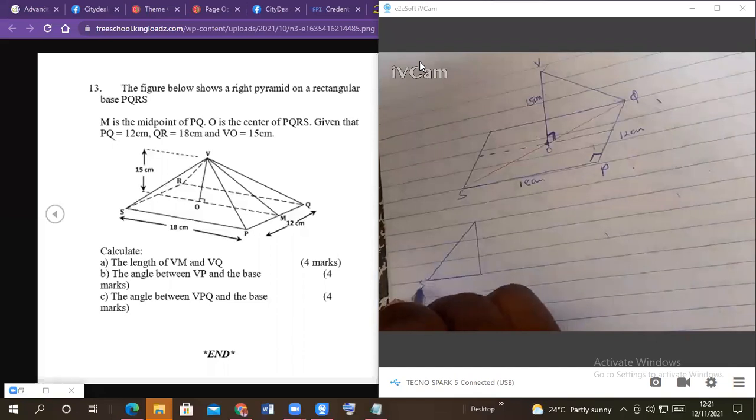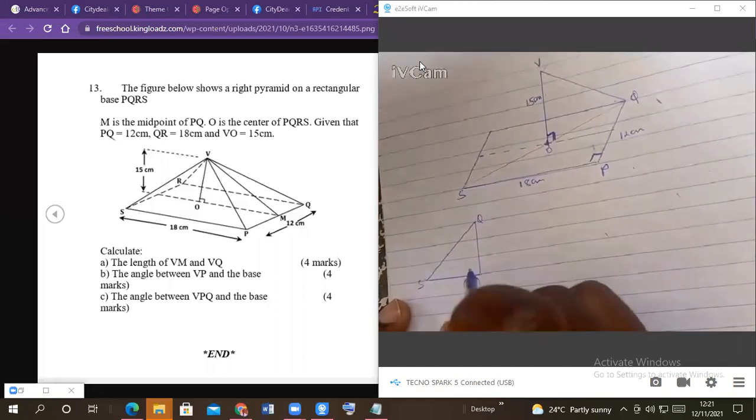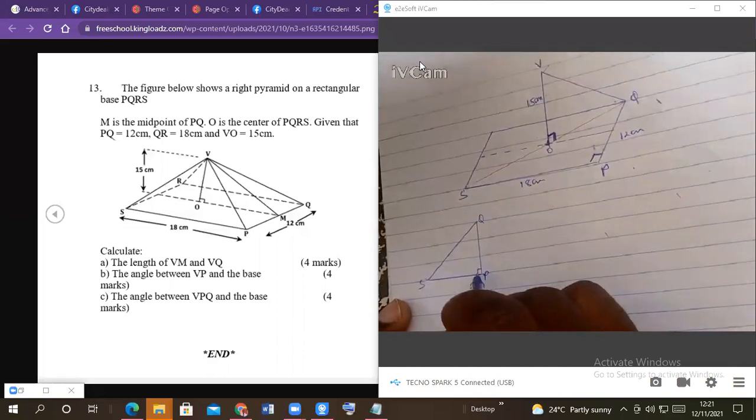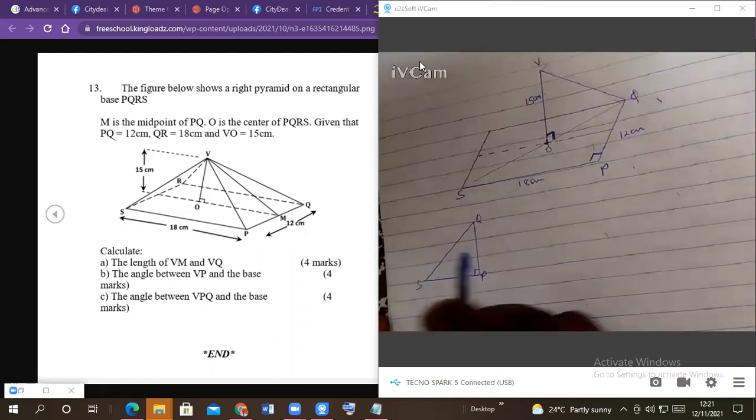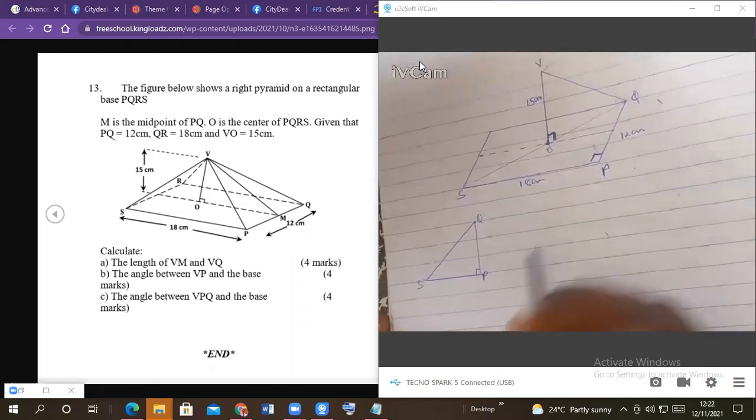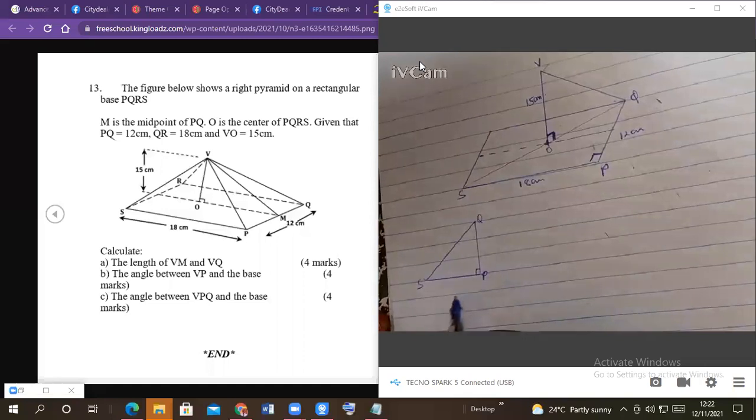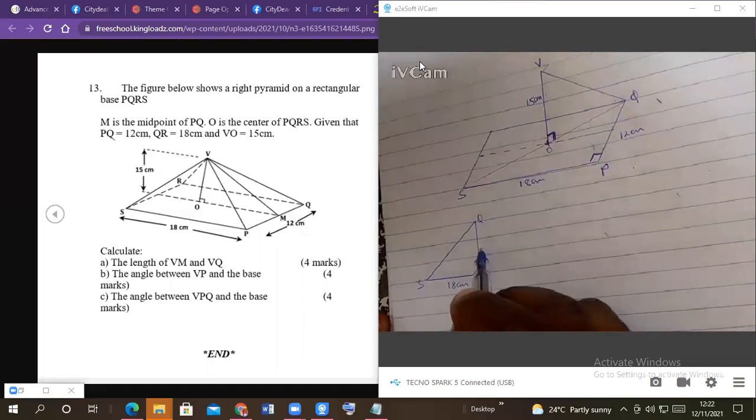So I'm putting SQ here, and then I'm putting P here. The P, that's where I have 90. So SP is 18 centimeters, and PQ is 12 centimeters.